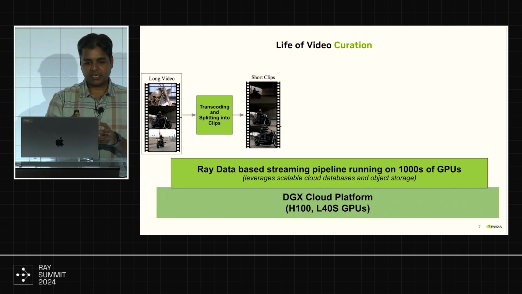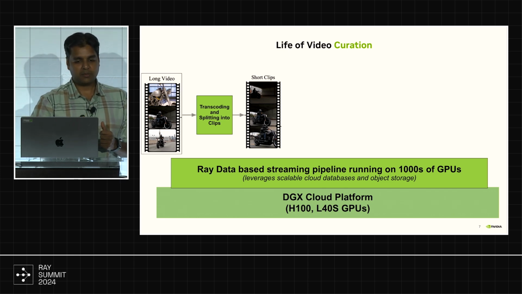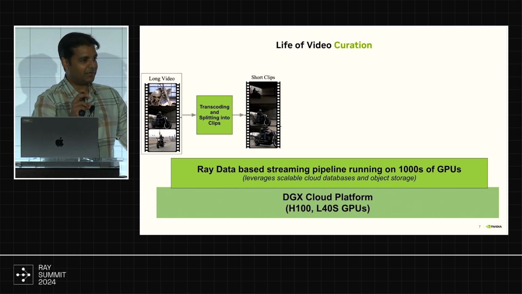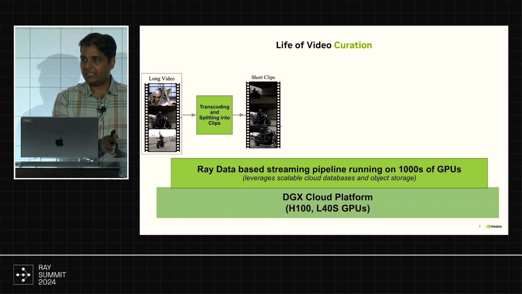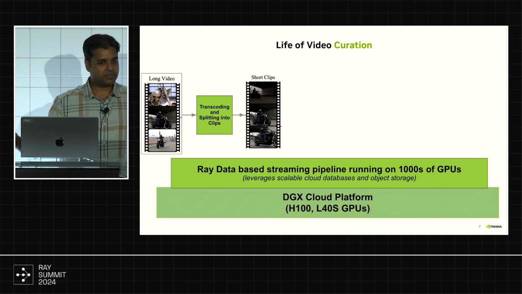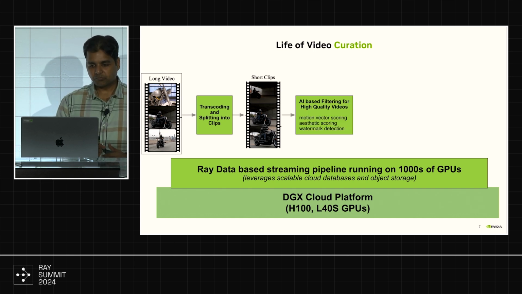In this case, the AI will watch this and find out that we have these three frames which are semantically relevant, and they're different from the other frames in the clips, right? We call this splitting. So we split the long video into smaller clips. We transcode them because we have to feed them to downstream stages, so we want everything to be consistent, and we got these short clips after that stage.